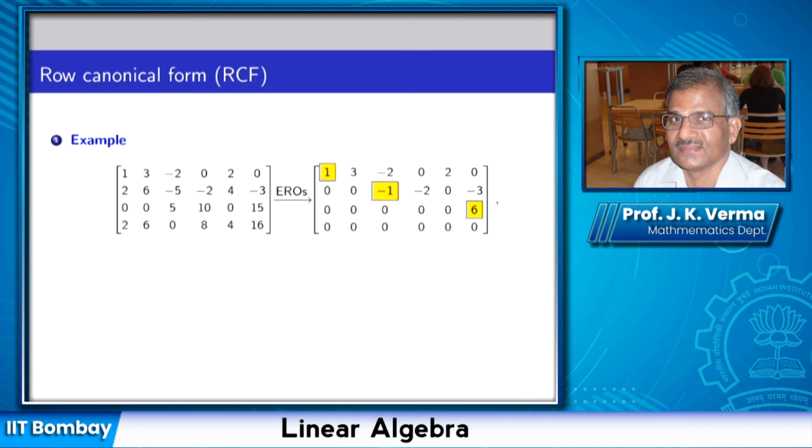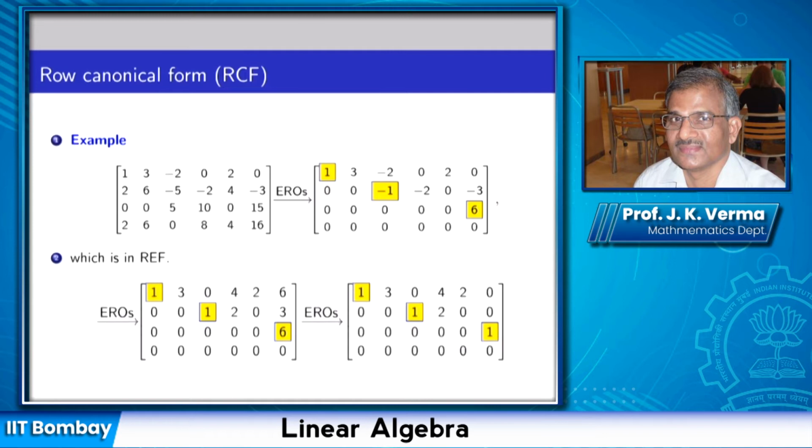So you can multiply this row by a suitable scalar to convert -3 into a 0. Then we go to the third column, which has -1. First we convert this into a 1, and then apply a row operation to convert the -2 into a 0. That will bring this matrix into row canonical form. So that is the last matrix here, which is in row canonical form.